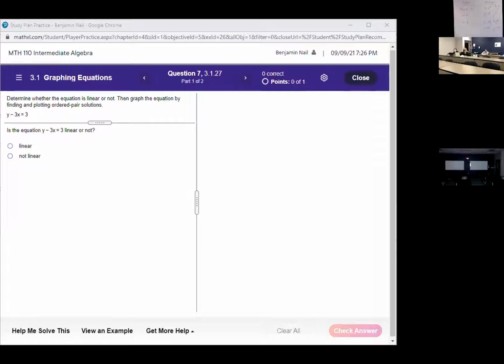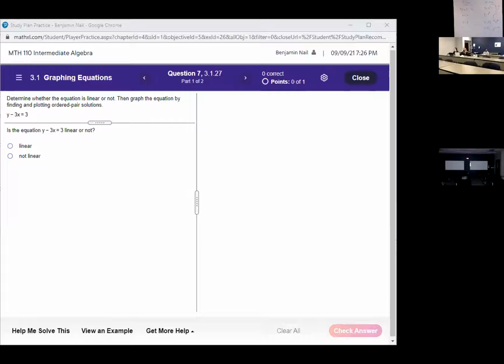This V, that's your absolute value. There's a parabola, that's for your x squared functions. And they actually didn't give us one for an x cubed or anything else. When we need to, they'll give you a button for those. But in this case, this one is linear. So you want to click on the linear tool. And then you've got to find 2 points that work. And wherever you click, it's going to drop a point. And then wherever you drop the second point, it's going to draw your line.